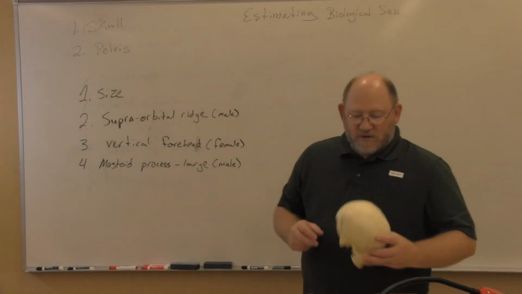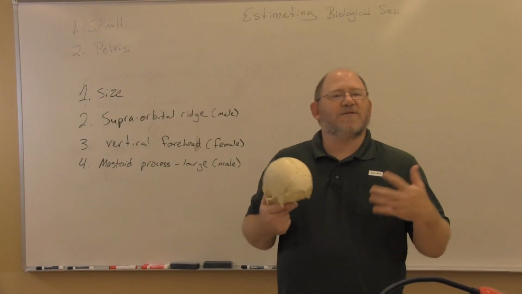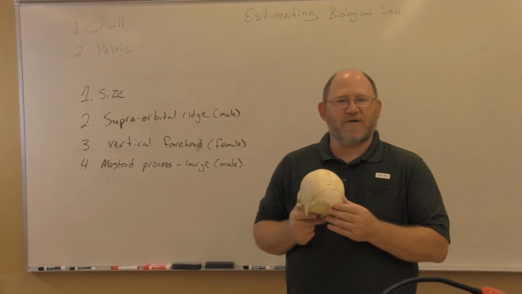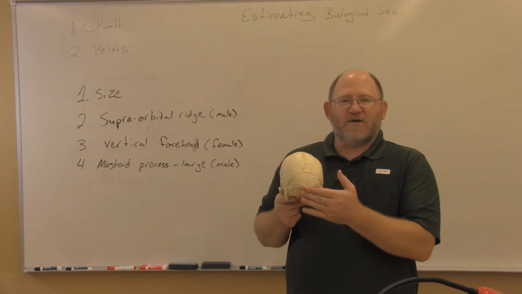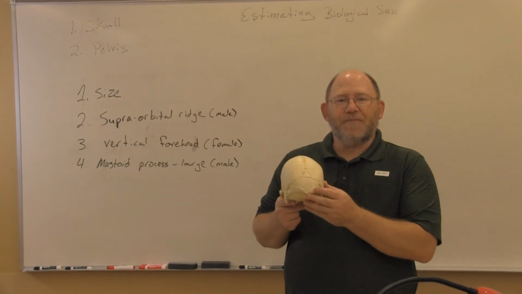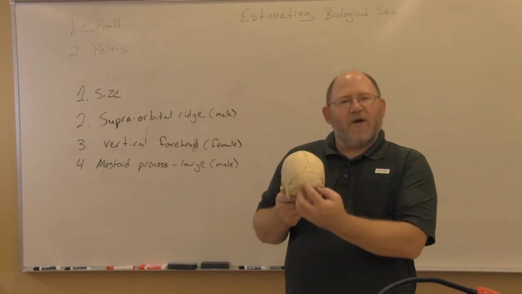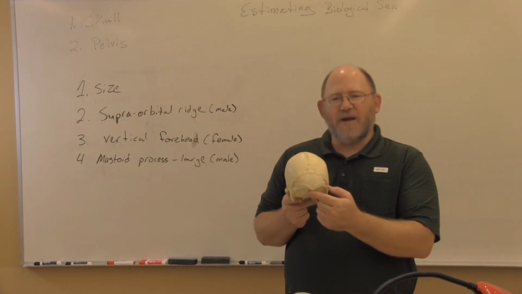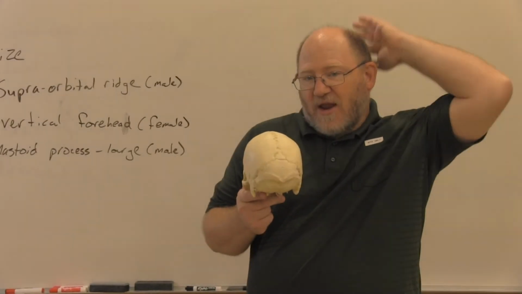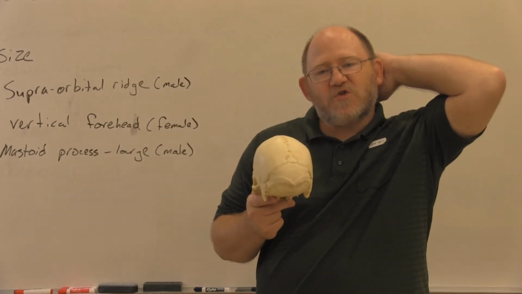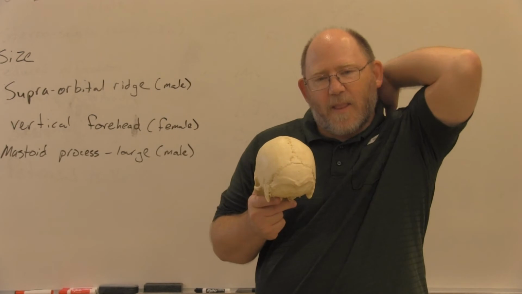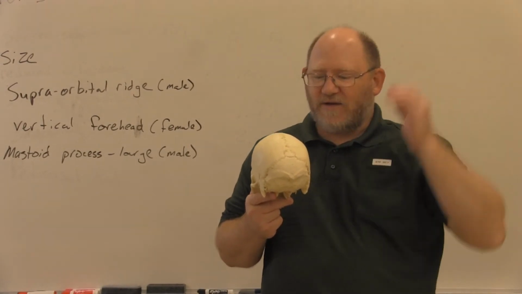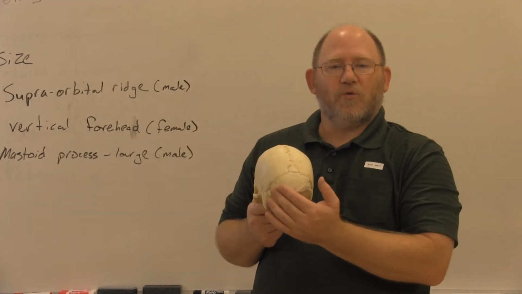Going toward the back of the skull, remember I said that in general males are more heavily muscled, so the mastoid process is one of those characteristics. Another of these characteristics is on the back of the skull. This area is called the nuchal area, and you'll see that written down to see how it's spelled in a moment. The location on the back of your skull where the muscles of your neck and the muscles of your trapezoids connect is called the nuchal ridge.